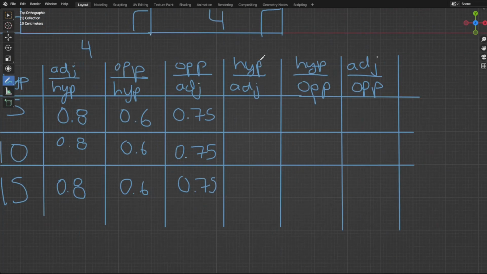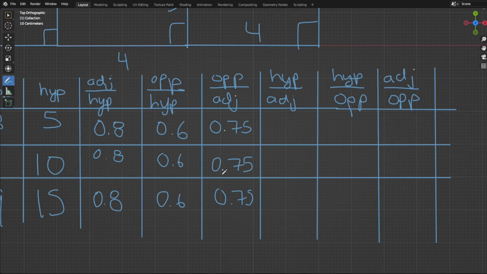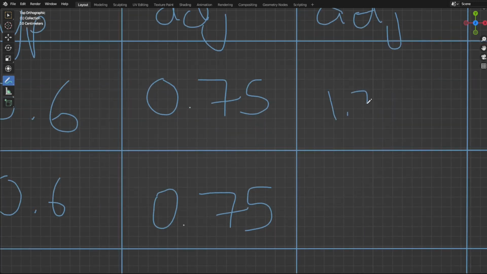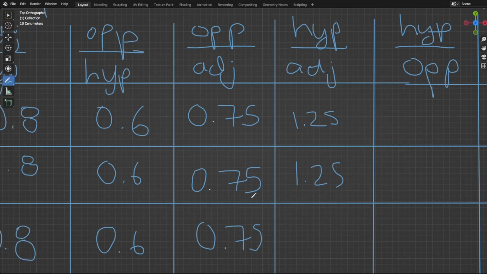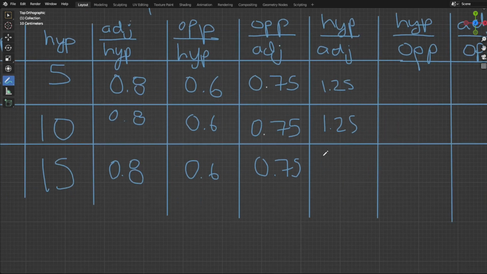What about hypotenuse divided by adjacent? On this one, that's 5 over 4. That should be 1.25. And if you repeat it for the other values, 10 over 8 and 15 over 12, it should come out to 1.25.